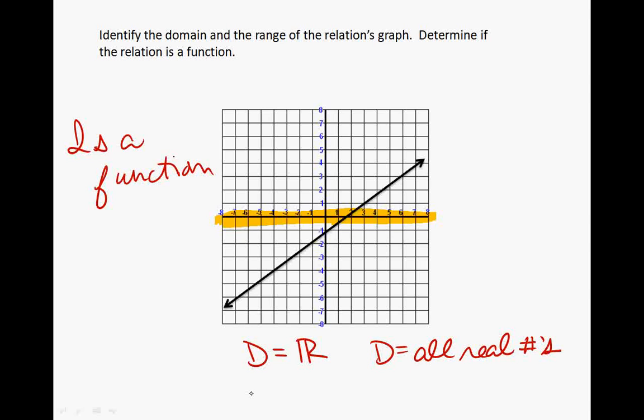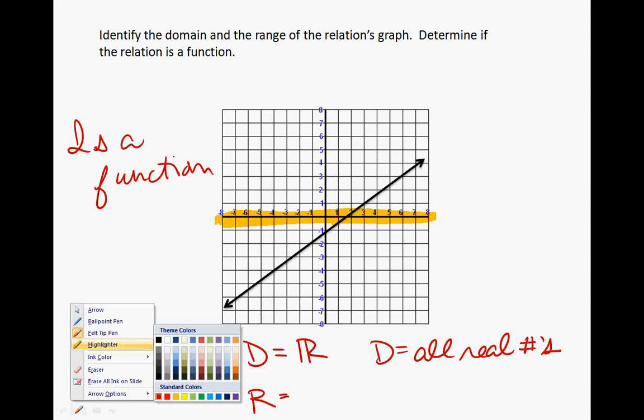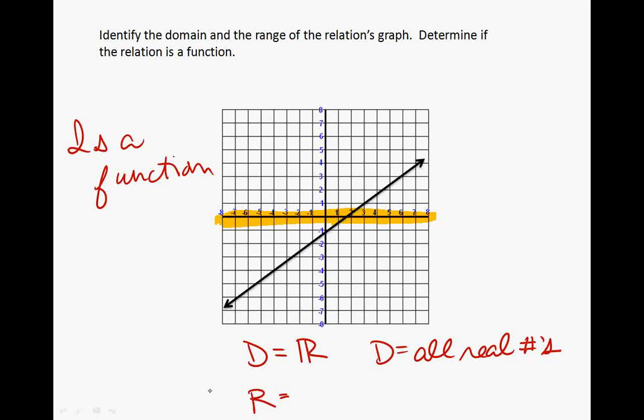Okay, now let's identify the R. Notice I don't have a double bar because I want to use the actual letter R to represent range. To find the range, that's your set of y values. So I'm going to compare the graph to the y-axis. If I were to compress this graph along the y-axis, it would touch every single y value.